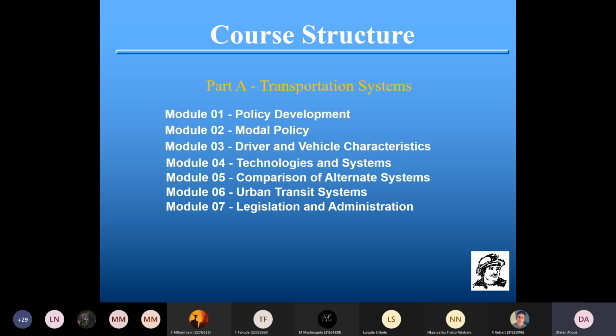So looking at transportation systems, you will see there's some information pertaining to policy, legislation, and so forth. And then there's information pertaining to driver and vehicle characteristics. When it comes to driver and vehicle characteristics, I could spend a whole semester only on driver and vehicle characteristics with you. All the physiological elements, the psychological elements, visual acuity, vehicle characteristics in terms of design, in terms of seating, and so forth.